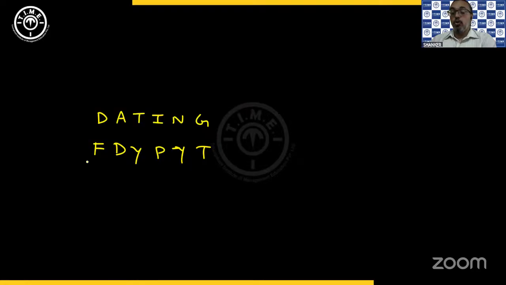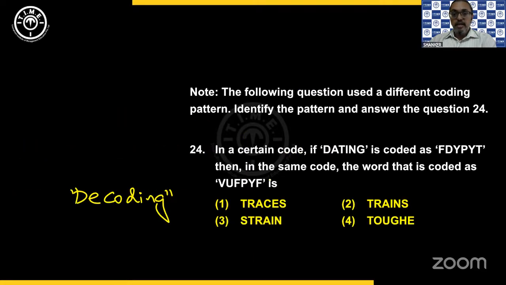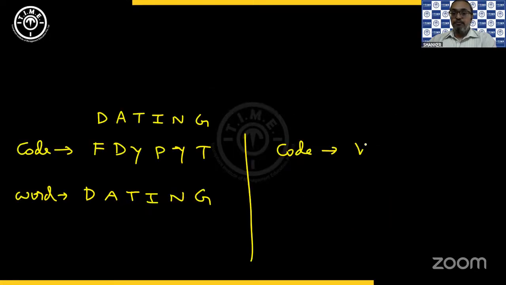We already got the code, so I'll write the code first and then write dating below it, so that whatever logic I get, I can directly apply it. You don't need to reverse anything. So now we have the code given, which is VUFPYF. Now I need to find the word.